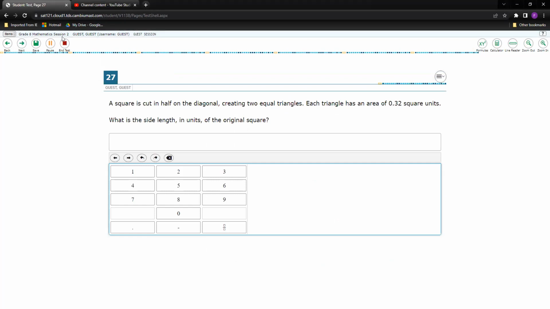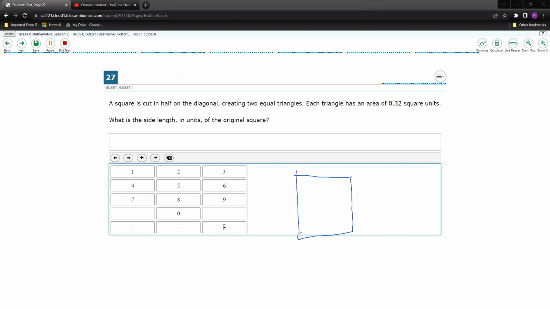A square is cut in half. And each half is 0.32 square units. Remember, to get the side from the area, we need the square root. So each triangle is 0.32. The square itself, the two triangles together, should be 0.64. How do I find the length of a side?